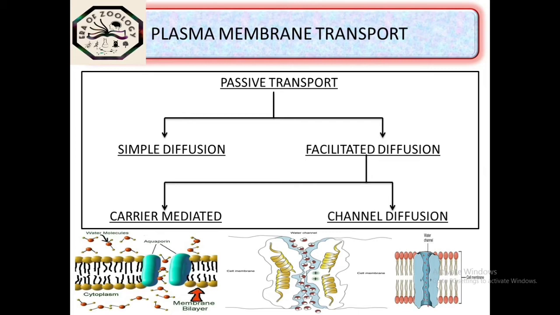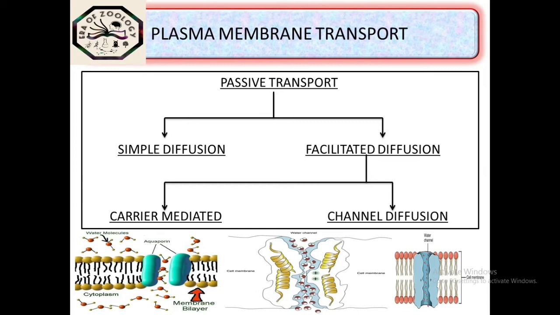Now we will be talking about facilitated diffusion. So suppose the sodium ion concentration inside the cell is low and the sodium ion concentration outside the cell is high. That means the outer side has a high density gradient of sodium ion, and inside the cell the density gradient is low.